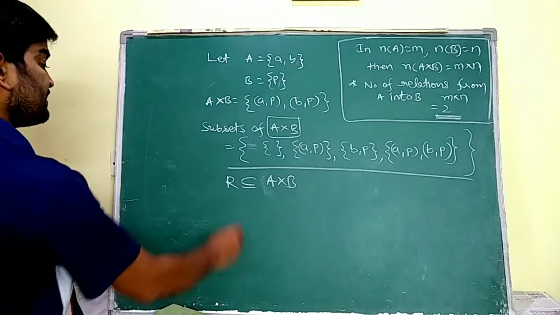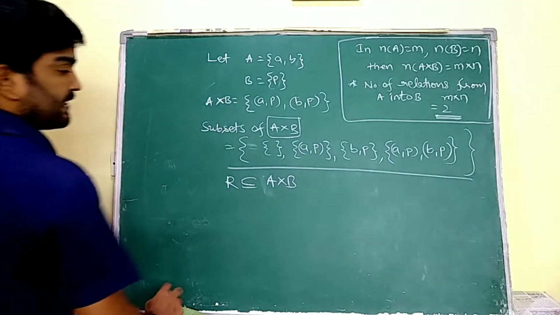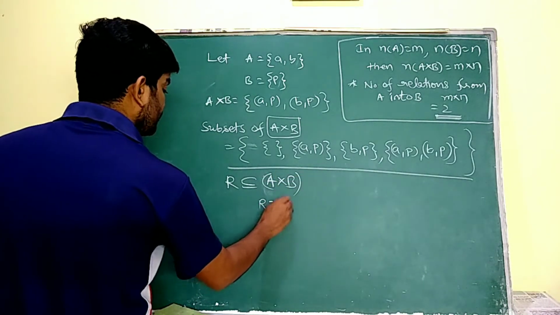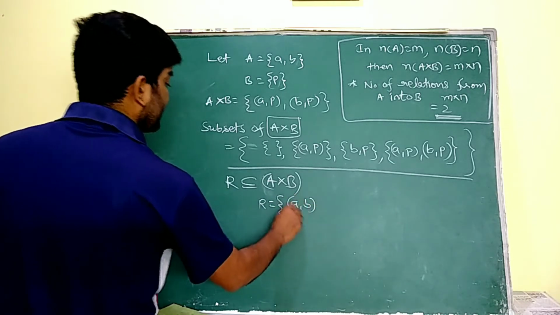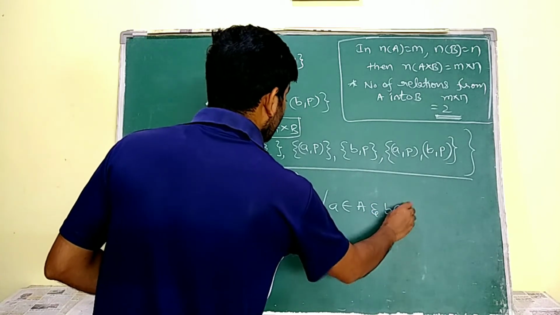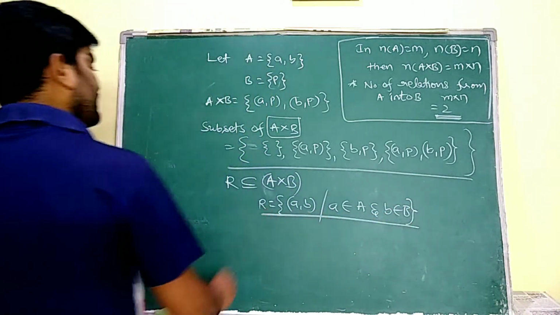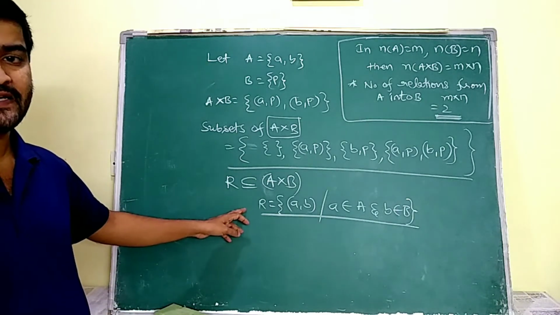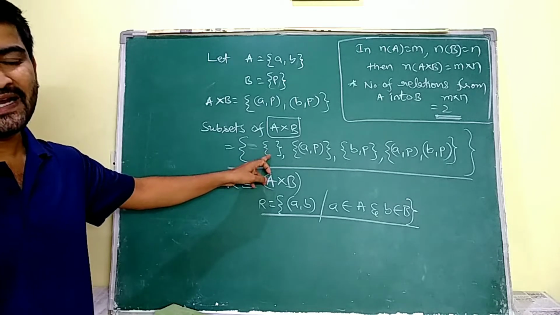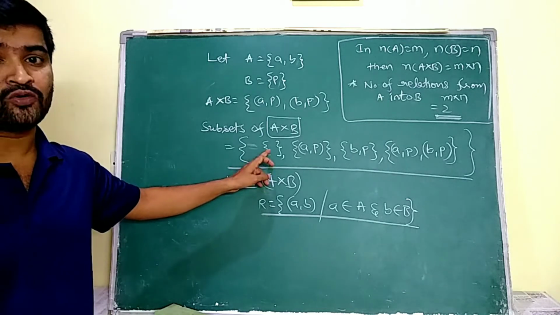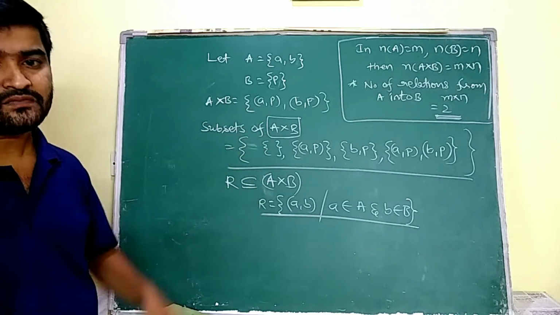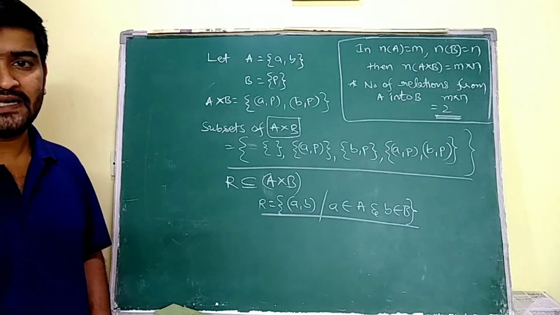To become a relation, R is a subset of A cross B, and R is equal to {(a,b) such that a belongs to A and b belongs to B}. Okay, this is said to be a relation. See, coming to this empty set, it is not a relation actually, but we are counting it into the number of relations. Why? Because every subset of the Cartesian product is known as a relation.